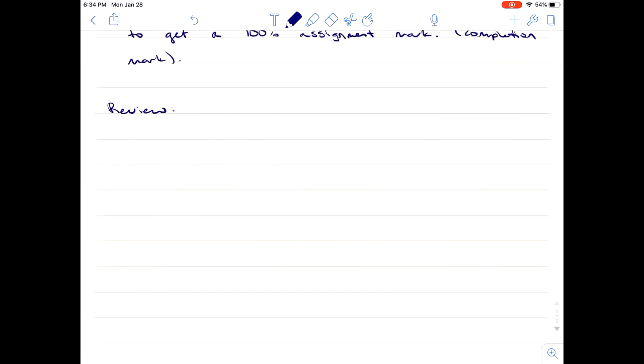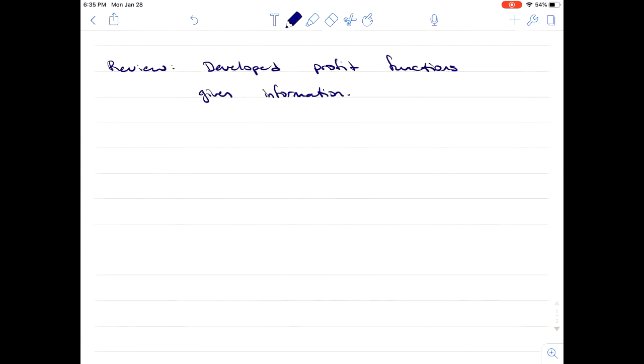And so we developed profit functions given information. In general, what we said was the profit of X is the total revenue minus the total cost.